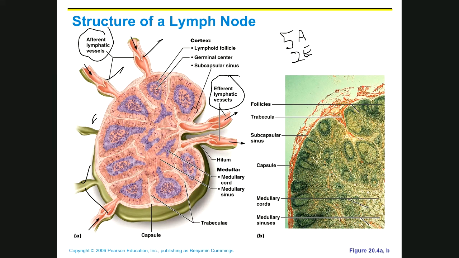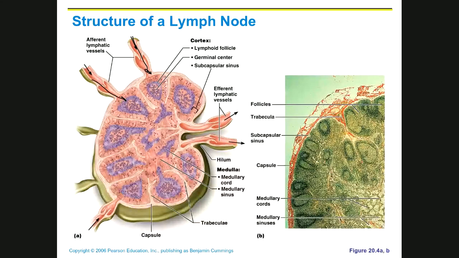What that means is that fluid comes in faster than it goes out, so the fluid is going to slow down as it gets in here. It's going to give these white blood cells more time to check it out and destroy what's in there.